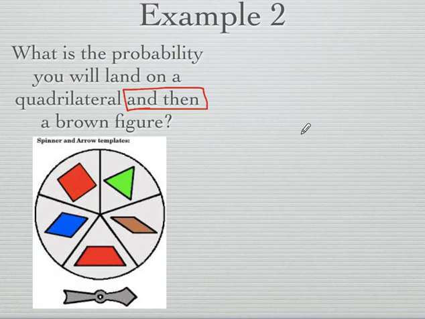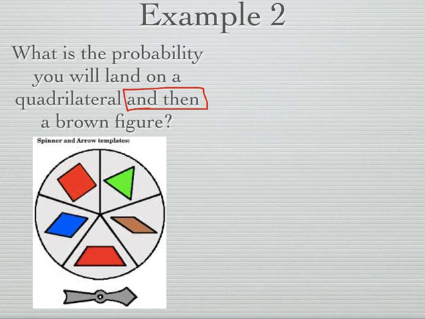This is still an independent event, because since you are using the same spinner, even if you spin it a number of times, the figures inside the spinner will never change. And the chances for each figure to be chosen will never change. So this is an independent event.